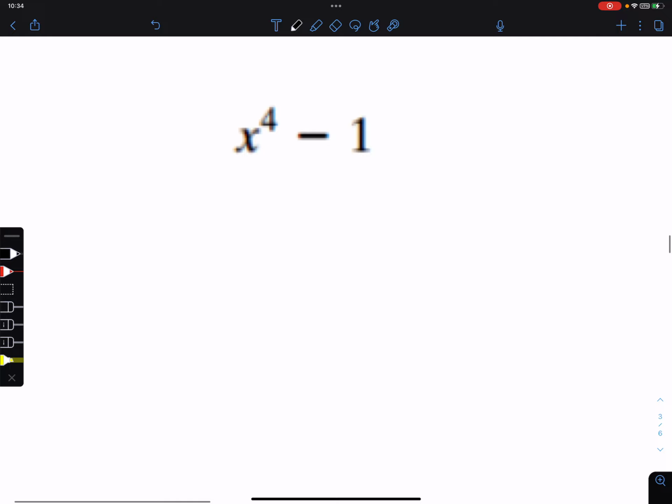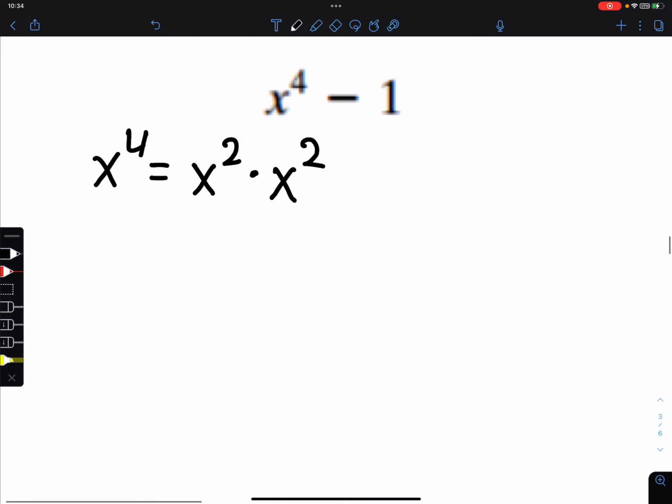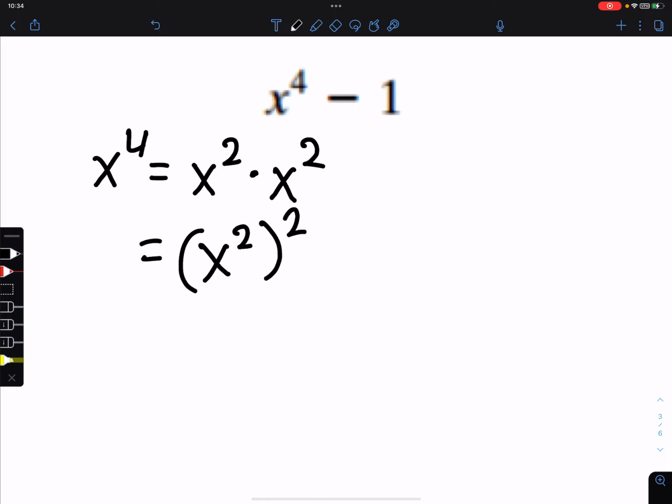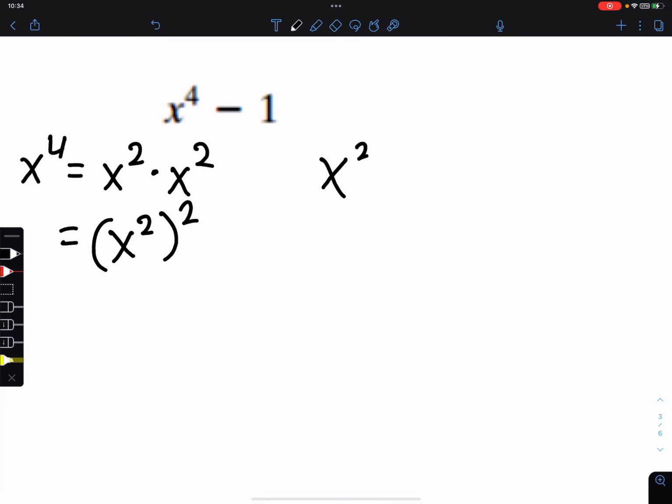Well, if we look at x to the 4th as x squared times x squared, right? We can look at this as x squared again, right? So really here, we should get x squared minus 1.